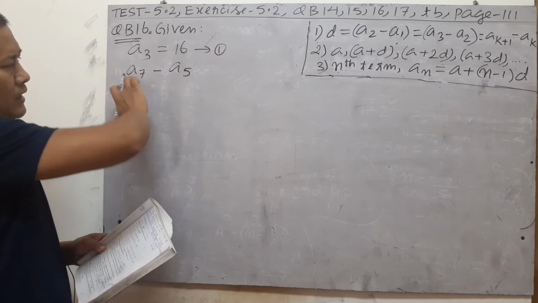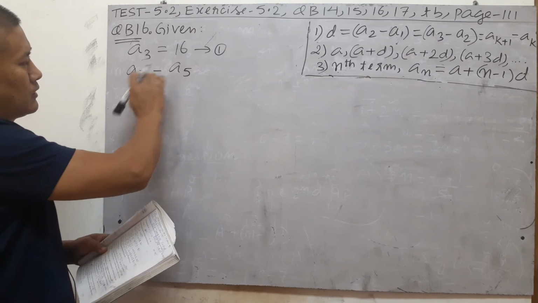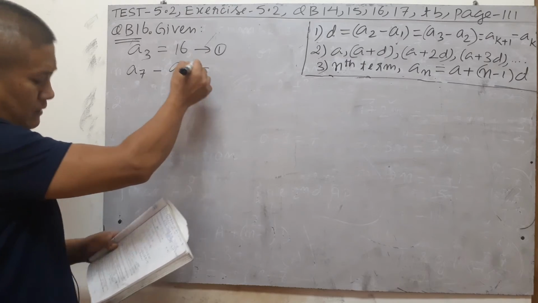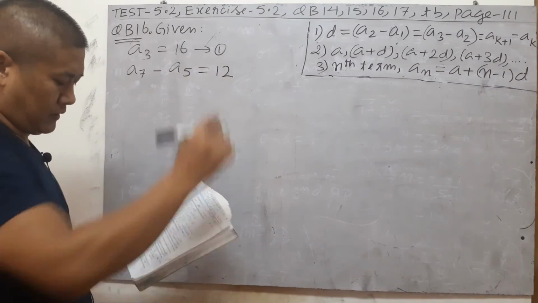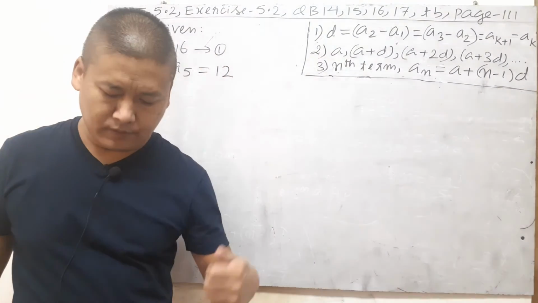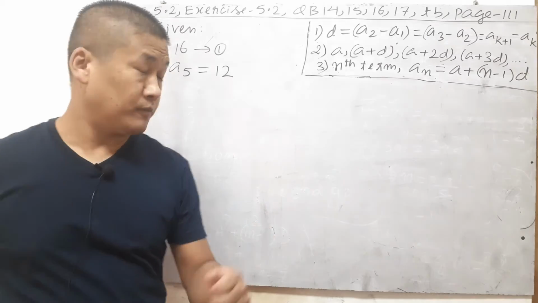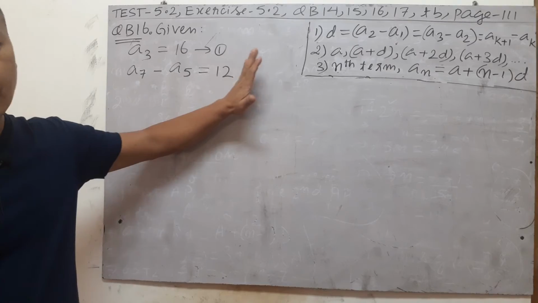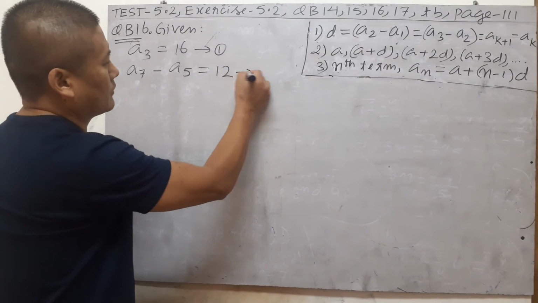So the seventh term has a higher value than the fifth term, or exceeds the fifth term value by 12. That's what they're saying. So seventh term value minus fifth term value is 12. That's the meaning, right? So this is question 2.